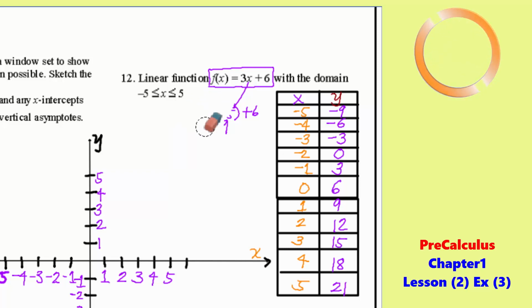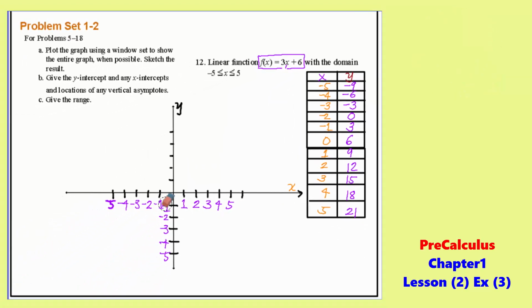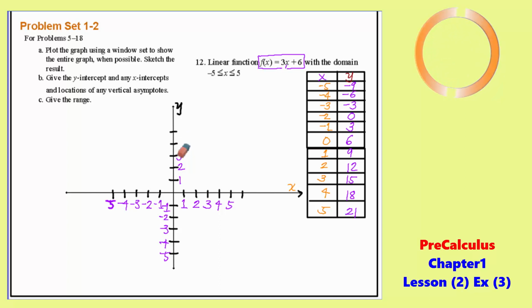I have to erase this one so that we could have space for graphing, and also I'm going to change my labels here. I'm supposed to erase only the numbers, and replace them with the values which are inside the range interval.